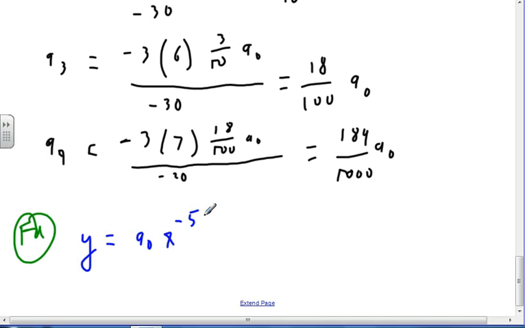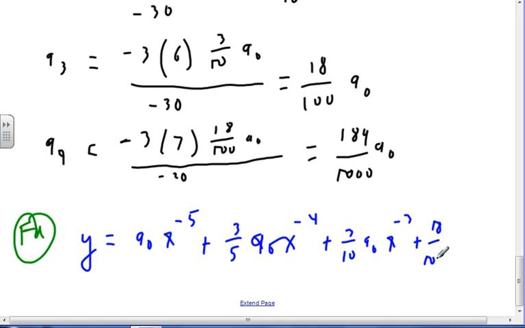Because r is 5, so it has to be A0x to the minus 5, plus A1, which is 3/5 A0x to the minus 4, plus 3/10 A0x to the minus 3, plus 18/100 A0x to the minus 2, plus 189 over 1,000 a0 x to the minus 1.